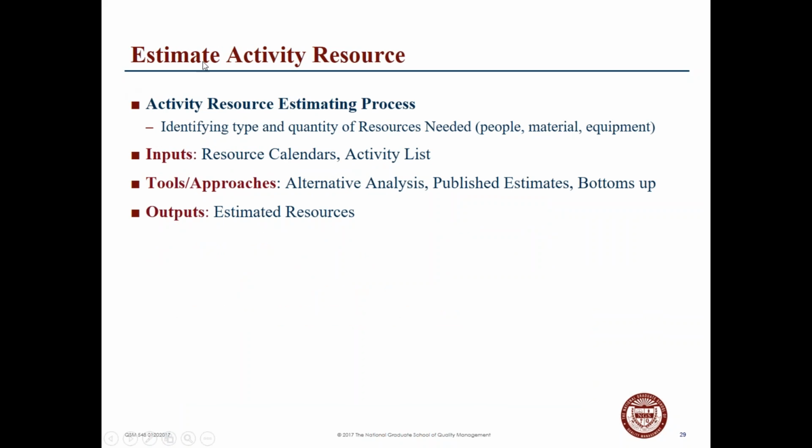So back to activity resources. What's the type and the quantity you need? People, material, equipment. What are the challenges? What's the list? Is there a need for any sort of alternative analysis? Published estimates. Are we looking from the bottom up? And how do we estimate the resources that are required?